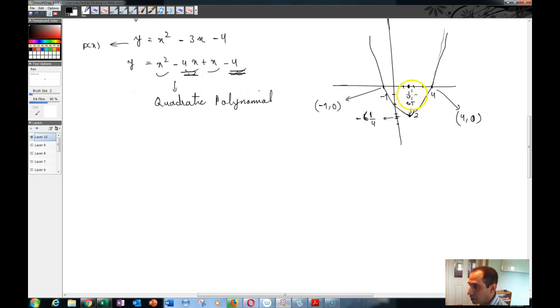And you can see that those zeros that we found basically are the x coordinates of the points where the graph of the polynomial goes through, or basically intersects, the x-axis. So that's basically the important things that we need to note here.